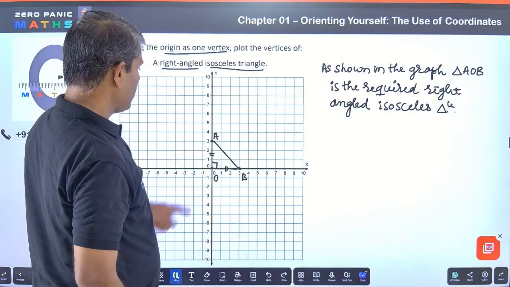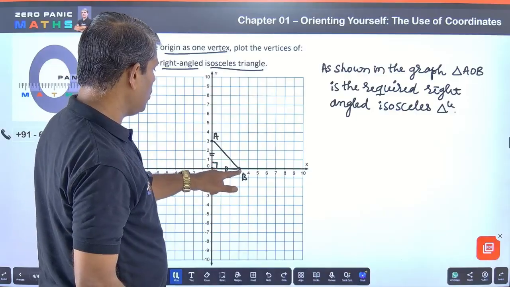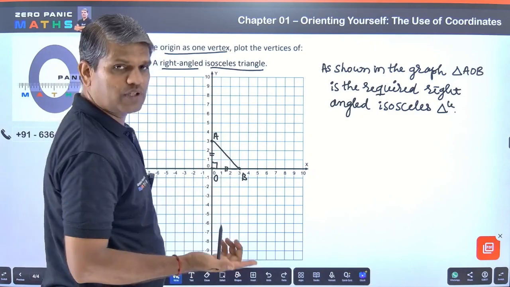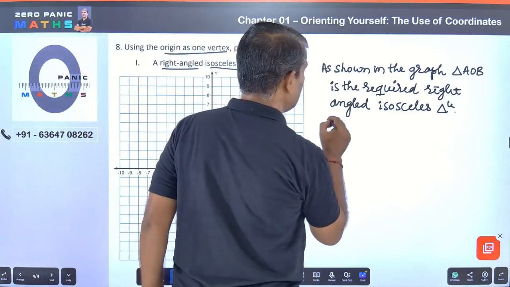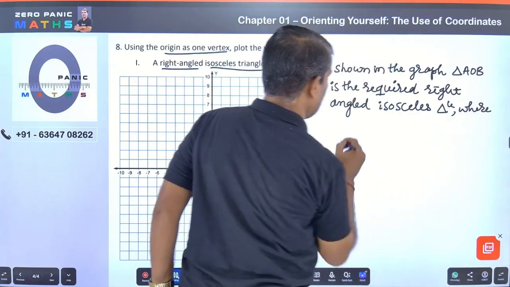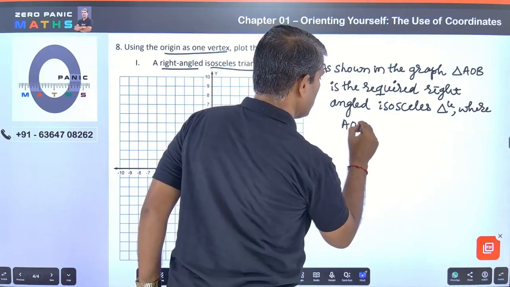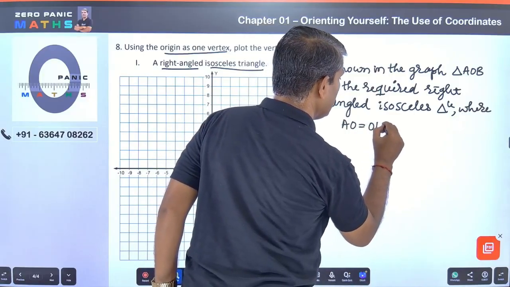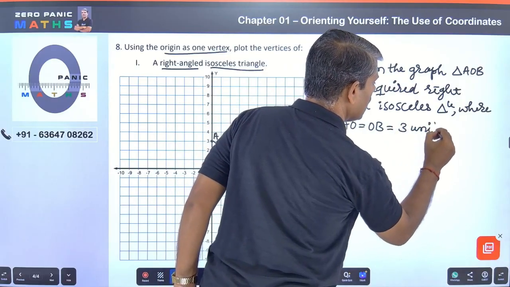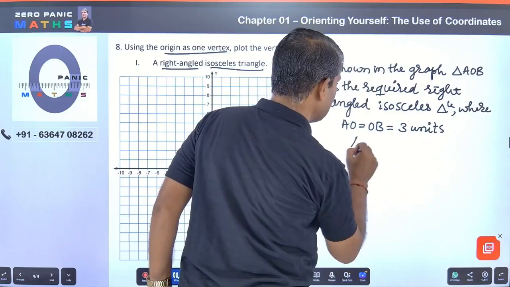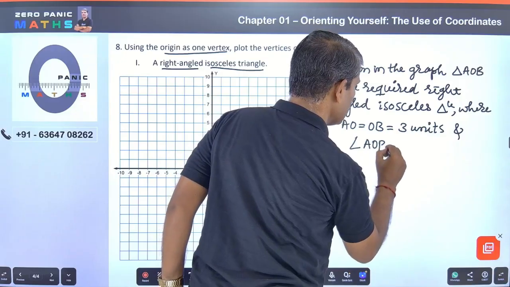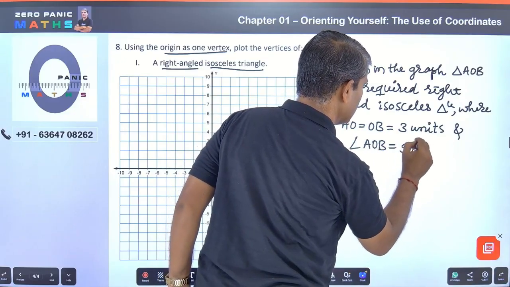Where AO is equal to OB is equal to 3. So this is 3 units, this is also 3 units. So both are equal. Where AO is equal to OB is equal to 3 units, and angle AOB is equal to 90 degrees.